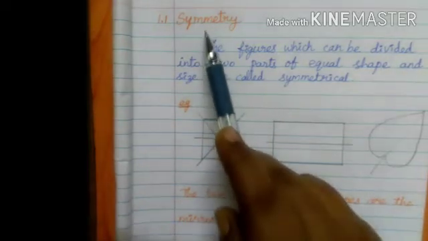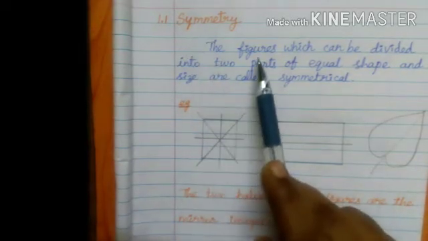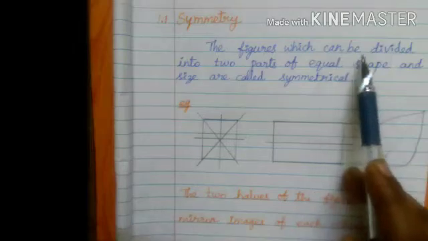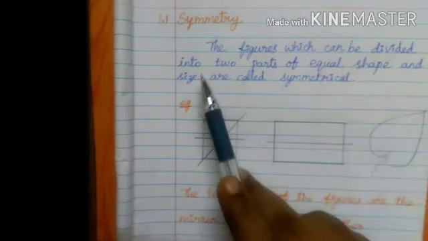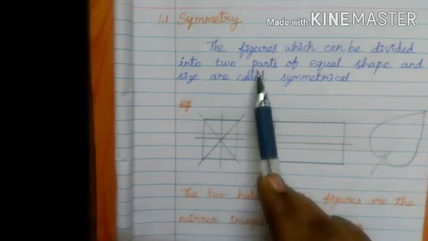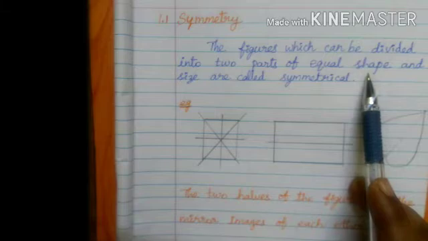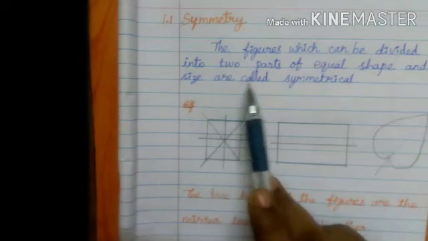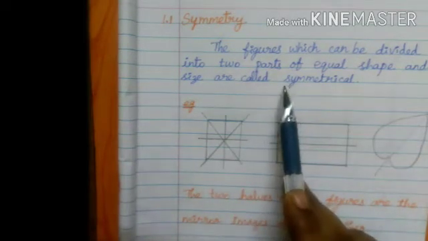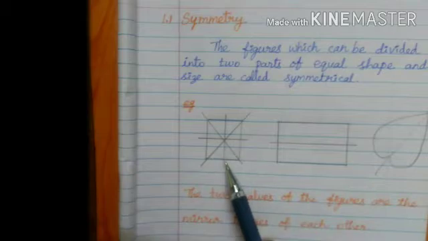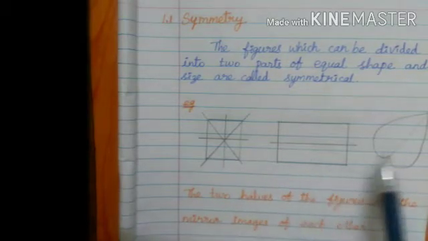The next topic is symmetry. A figure which can be divided into two parts of equal shape and size is called symmetrical. Here are examples: square, rectangle, leaf.